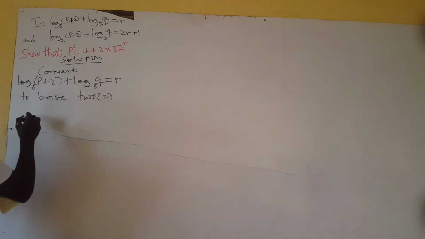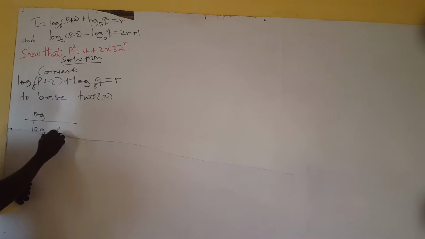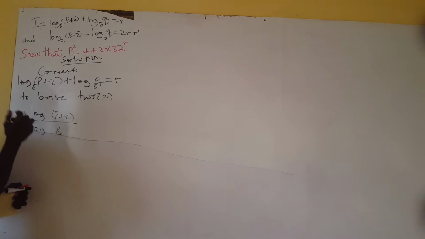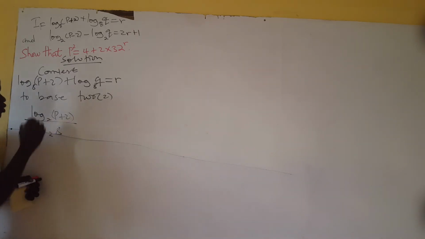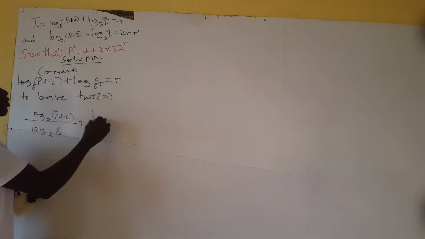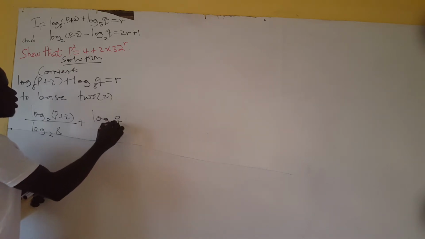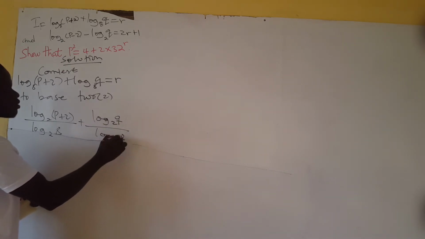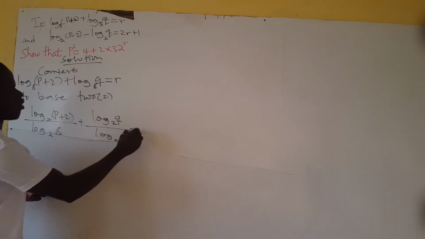The only thing we do is write our logarithm, and write another logarithm below. We write the base 8 below, and the p plus 2 above. Now, the base that we want to convert to, we write below here. So we've converted this to base 2. Now we do the same for this, so that will be log q to the base 2 over log 8 to the base 2, equals r.